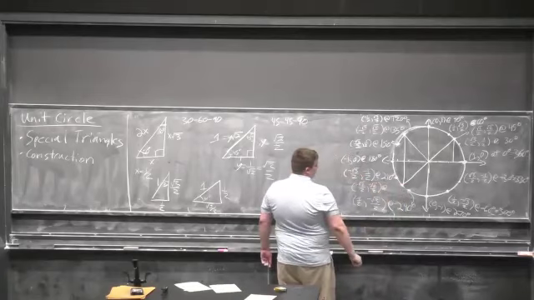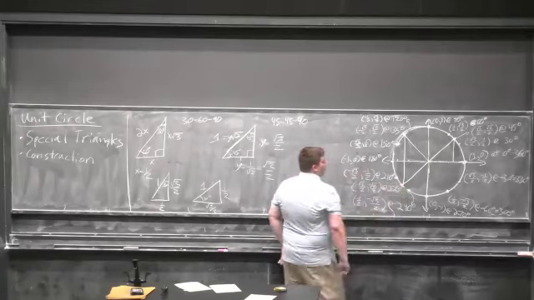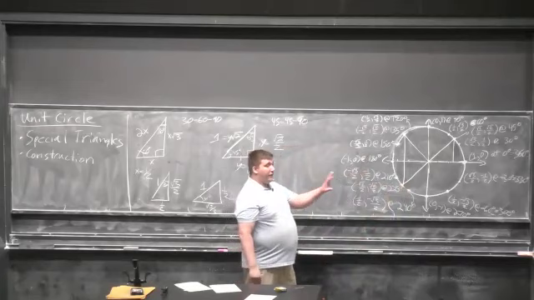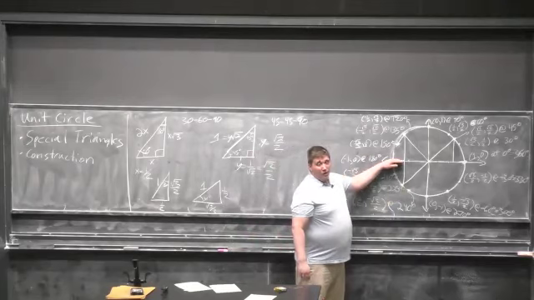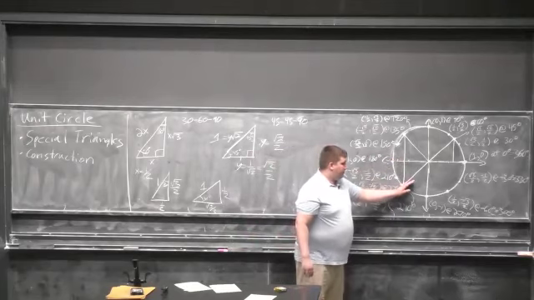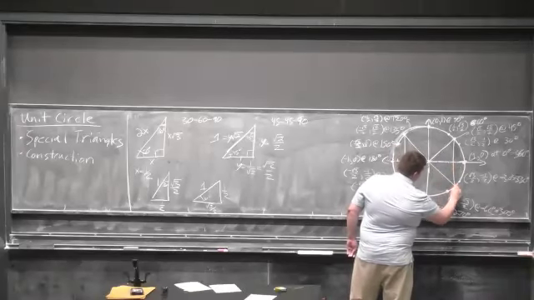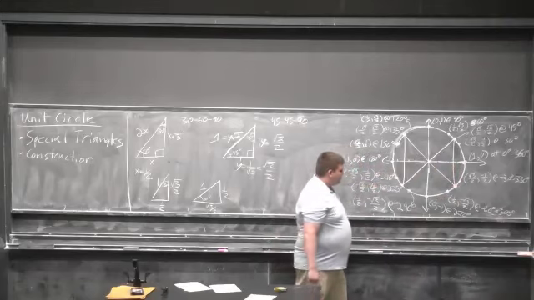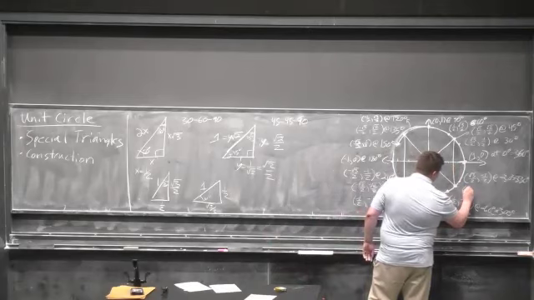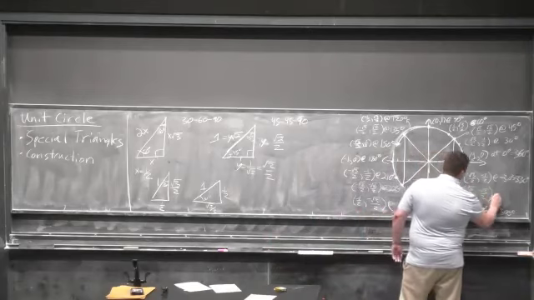This is at 225 degrees, or in radians, this would be 5 pi over 4, because here we're at 4 pi over 4 plus 1/4 pi. And then finally, we can complete the unit circle and mark down this as positive square root 2 over 2, negative square root 2 over 2 as our coordinates.